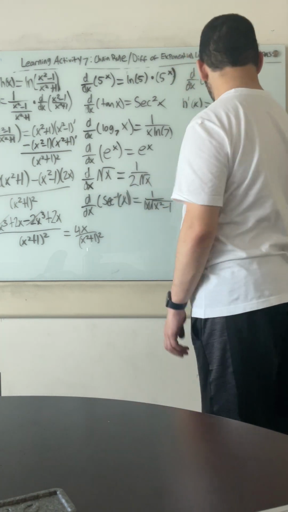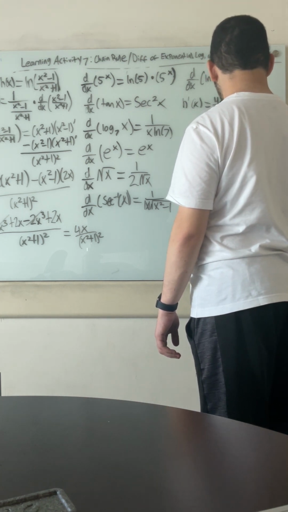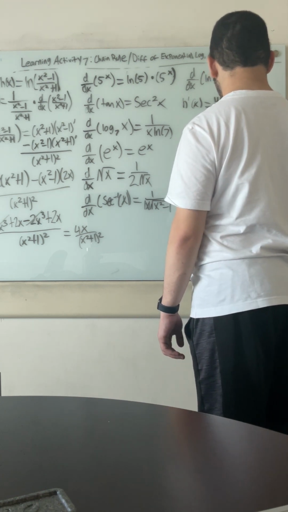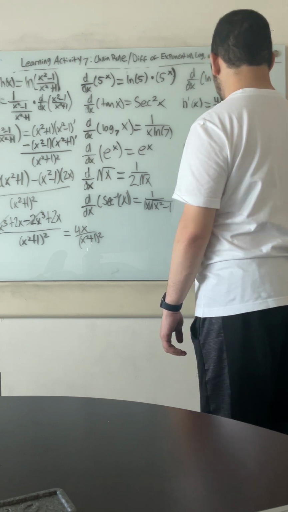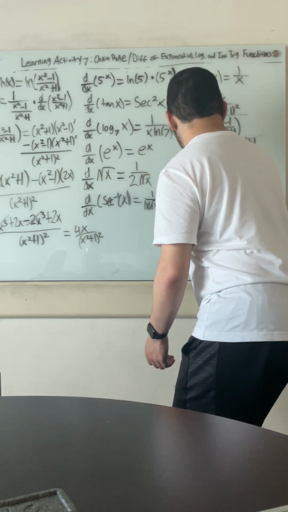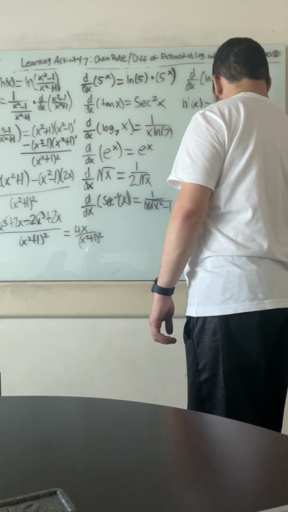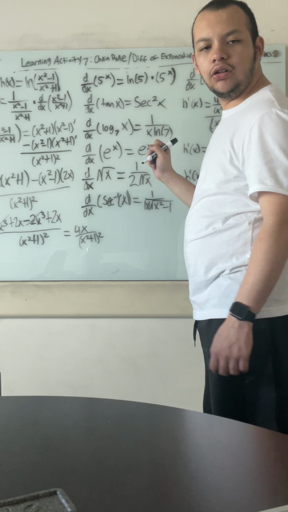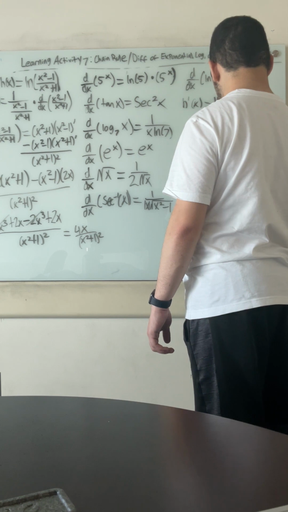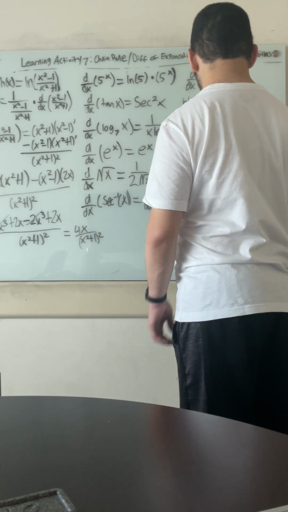And so right here, since we have x squared plus 1 and then x squared plus 1 squared, we can factor this out to x squared plus 1 times x squared plus 1. So this will cancel out, and then we're just going to take 1 away from here. So what we have is 4x over (x squared plus 1)(x squared minus 1), and we can also simplify the denominator by factoring.